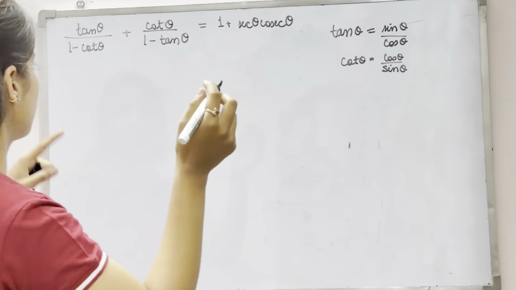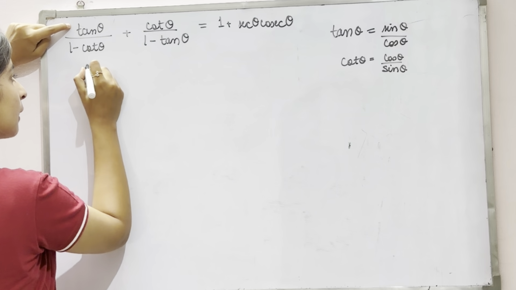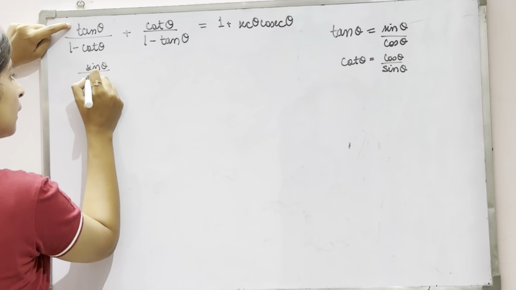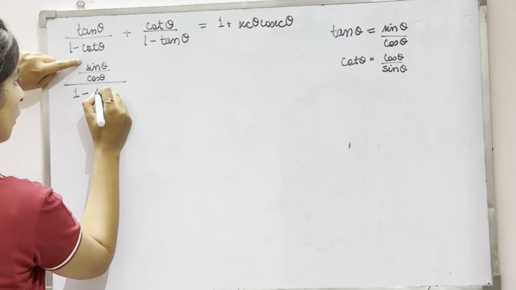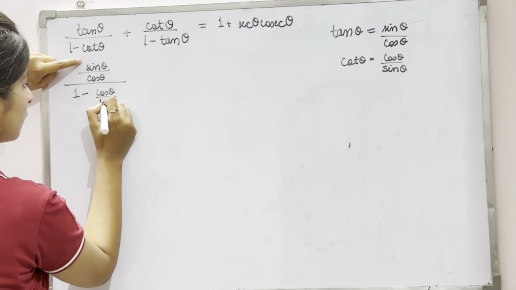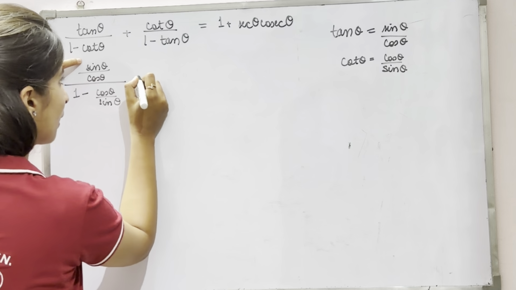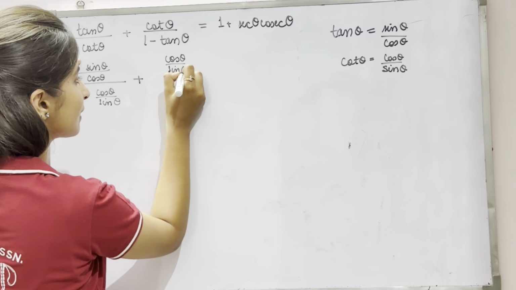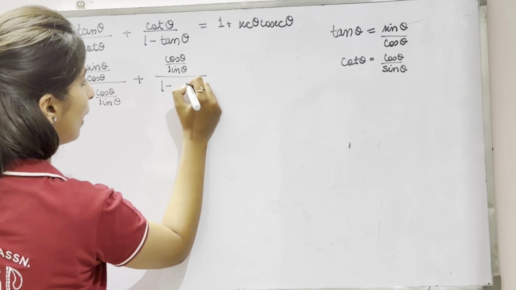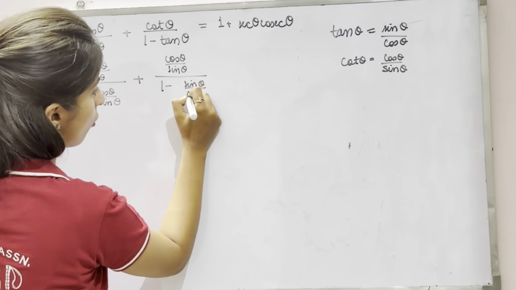Let's just convert. Tan can be written as sin theta upon cos theta divided by 1 minus cos theta upon sin theta plus cot theta can be written as cos upon sin divided by 1 minus sin theta upon cos theta.